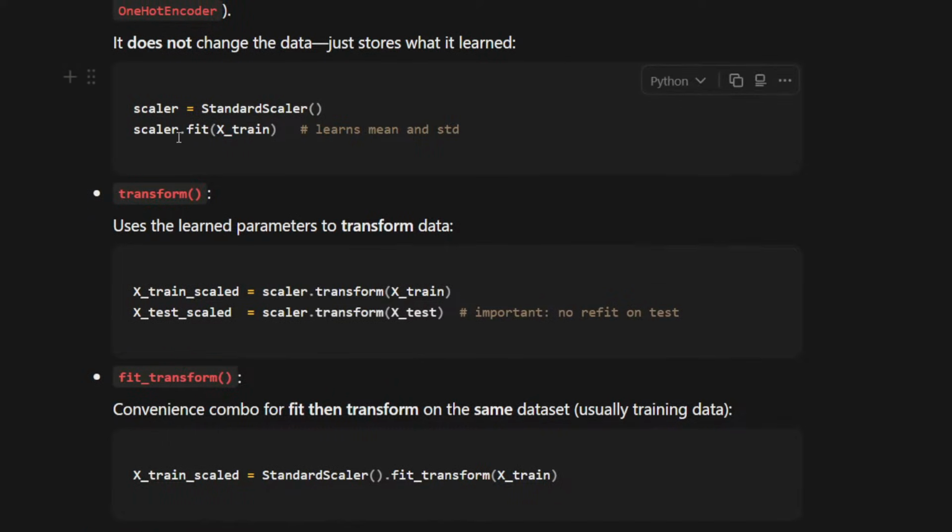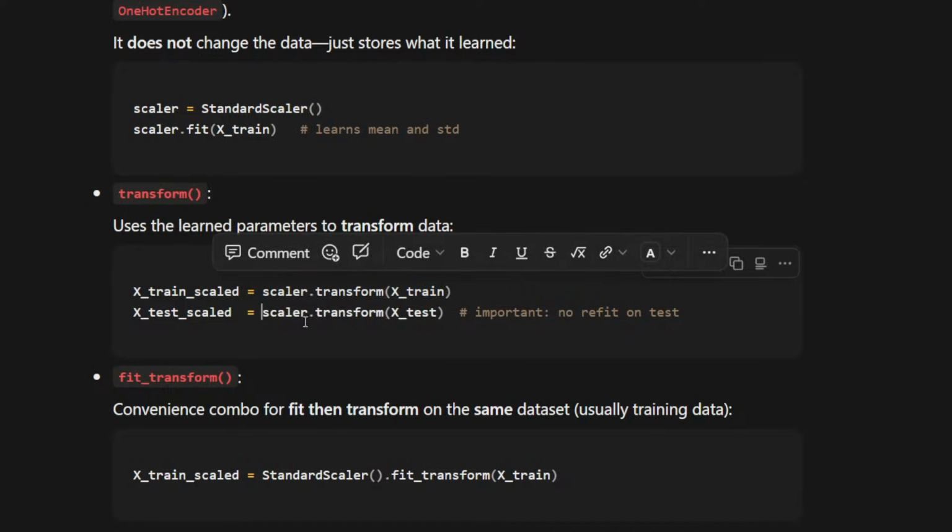Okay, I'll just repeat this concept once again. You are creating a scaler object, and you are fitting the scaler object using the X train dataset. That's the training dataset. So the scaler is fitted, that means trained on the training dataset, and then scaler dot transform X train, scaler dot transform X test.